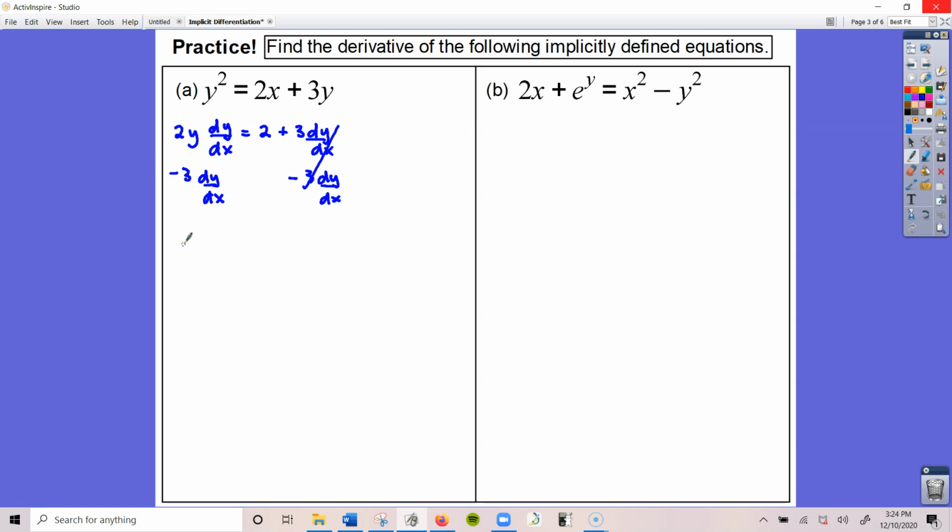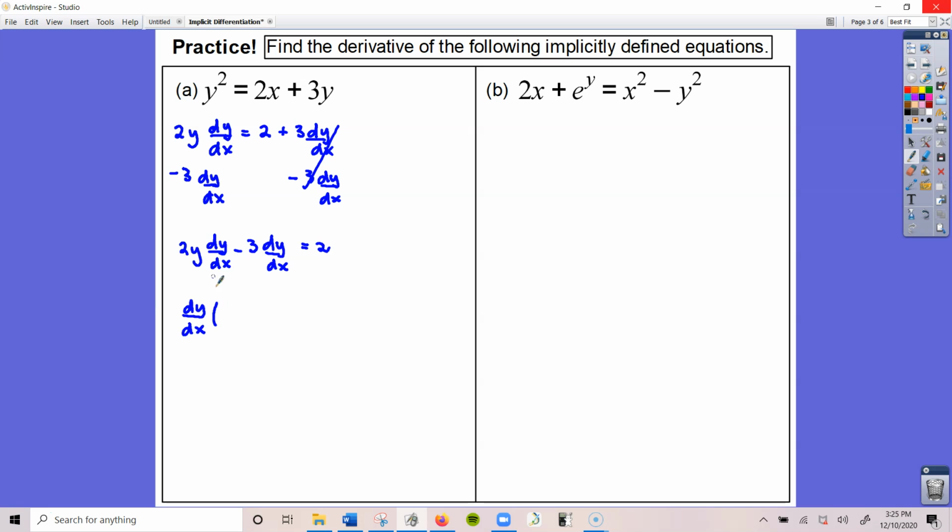So now my equation would read 2y dy/dx minus 3 dy/dx is equal to 2. Once you have all of your dy/dx's on the left, what you would do is factor out the dy/dx.